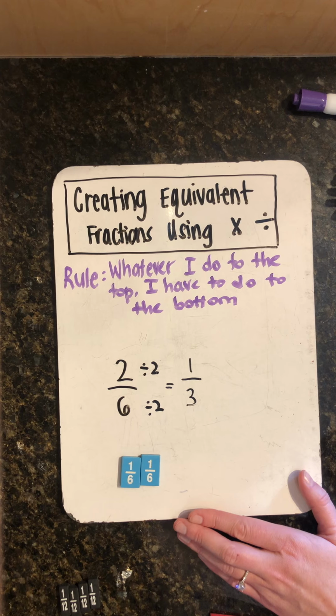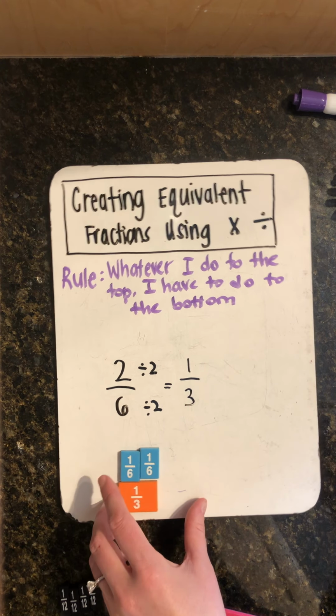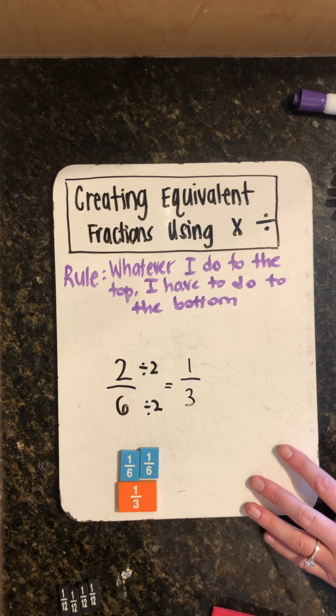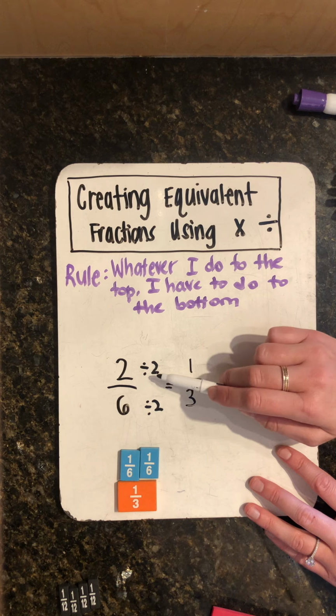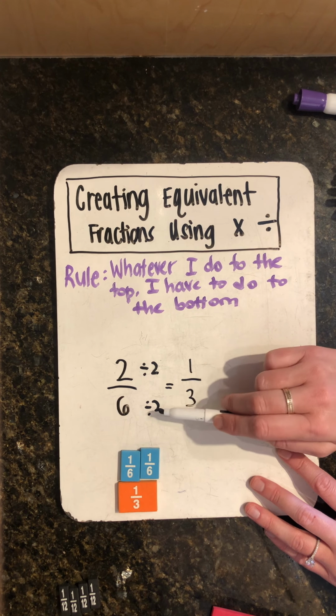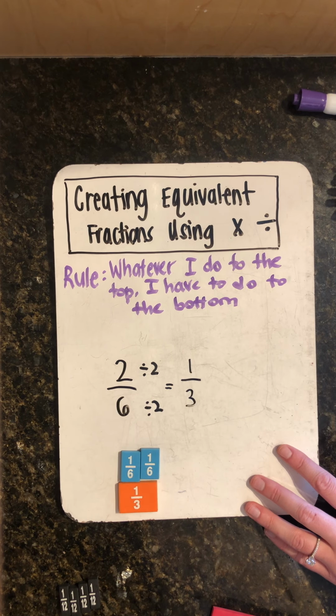All right, so let's see. I do have thirds, so I can check. And 2/6 is equivalent to 1/3. I divided this time, and I divided by 2. And I did the same thing to the top and the bottom, which means I did the same thing to my numerator and my denominator, which created an equivalent fraction.